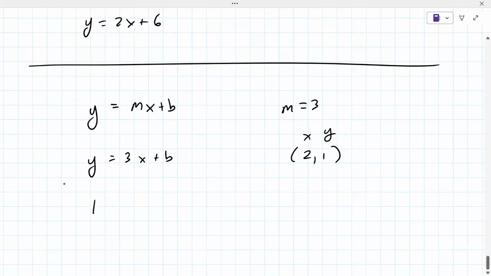So that means X is 2 and Y is 1. 1 equals 3 times 2 plus B. Could you solve that for B for us, please? What would B become?